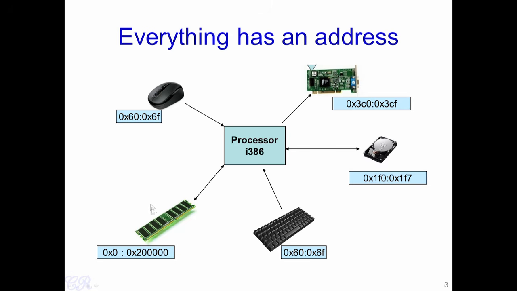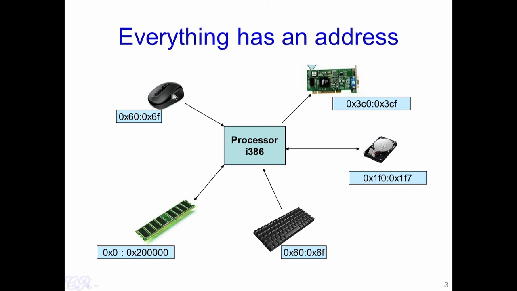All other devices will then ignore that particular transfer on the processor bus, because it does not fall in their particular address range. For example, if the processor puts out the address 0x1F2, then only the hard disk will respond, because 0x1F2 falls within this particular range of the hard disk.